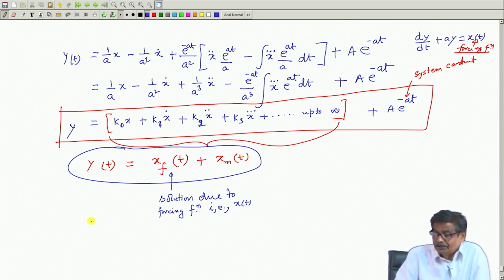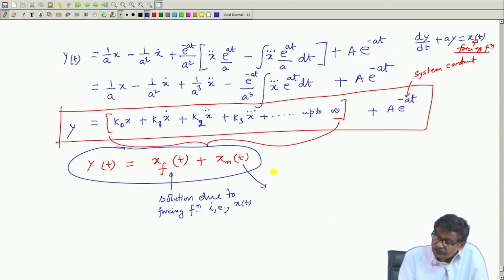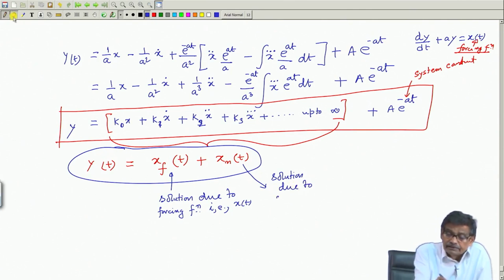That looks like a daunting task, but we will see how simple it will become. And this part of the solution is called the solution due to natural response, let us write it like that.